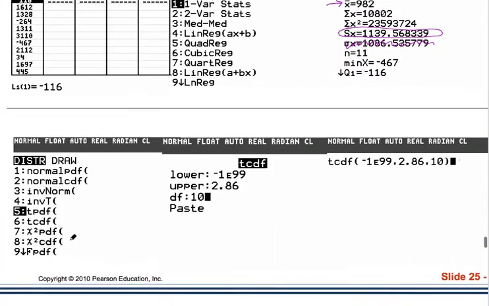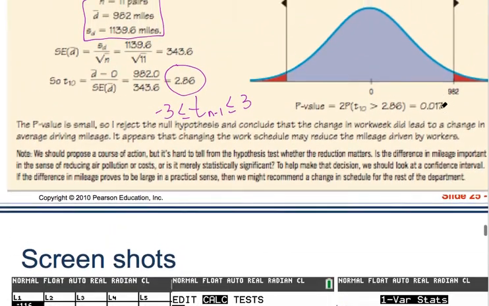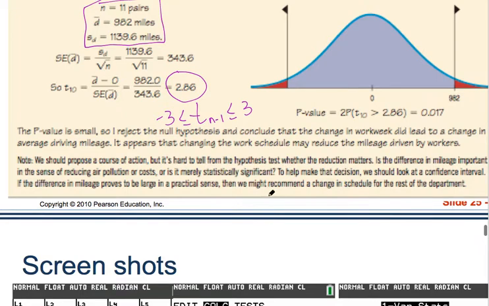Here is what your screenshot should look like. We have tPDF. Okay, and this is a mistake. It should be 2.86, and then my upper should be 99, my degrees of freedom. So this should be 2.86, and this should be 99 for my one tail, and then I multiply it by 2 to get 0.017.